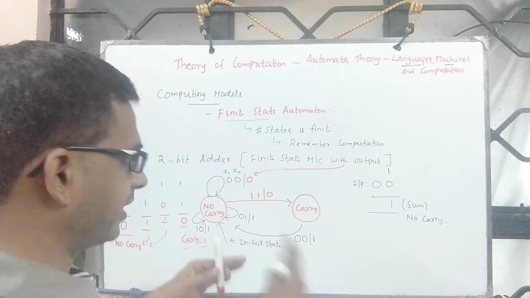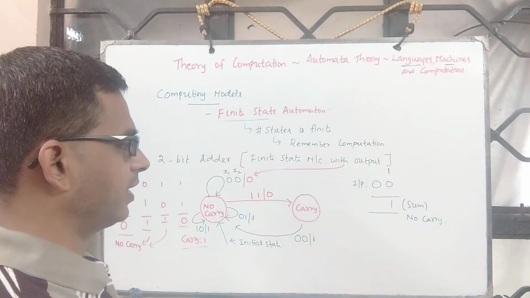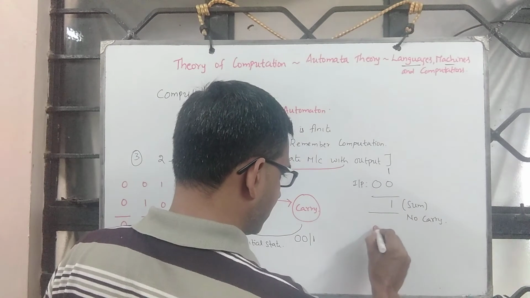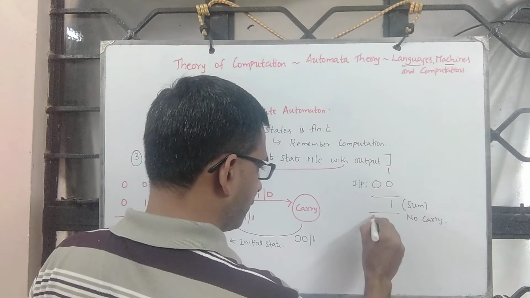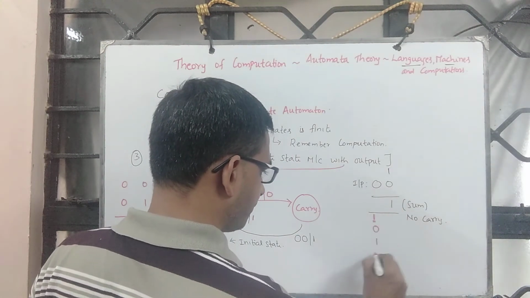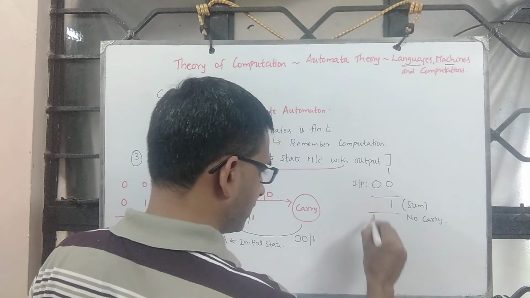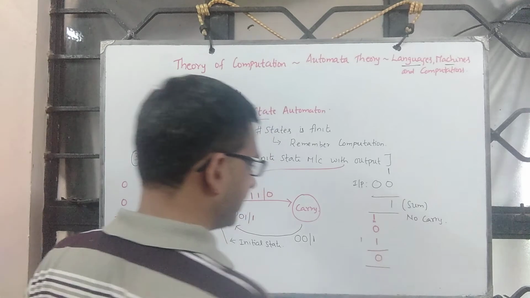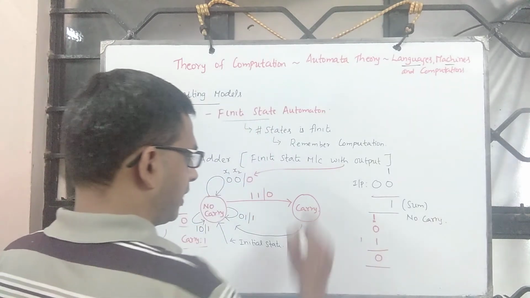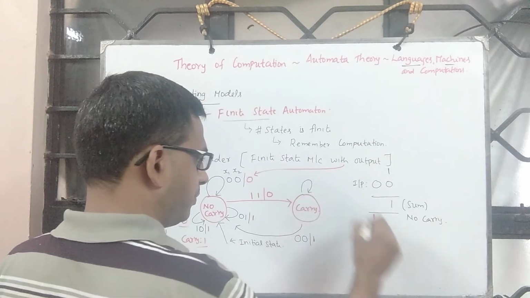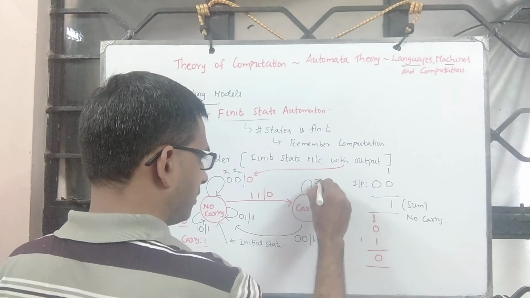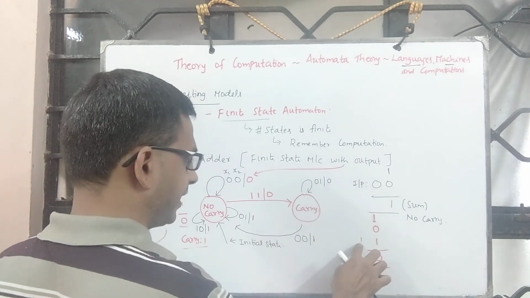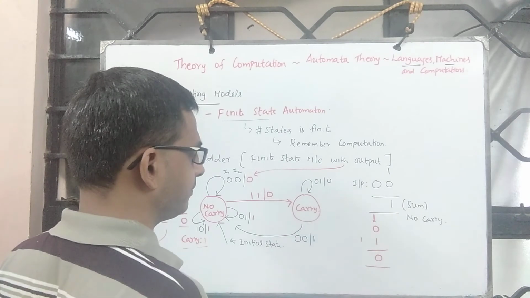Now like this you can describe other cases. Suppose my input is 0, 1 and you already have a carry, which means when you add this, sum is 0 and carry is 1. So when the input is 0, 1, sum is 0, there is a carry, so I continue to stay here.